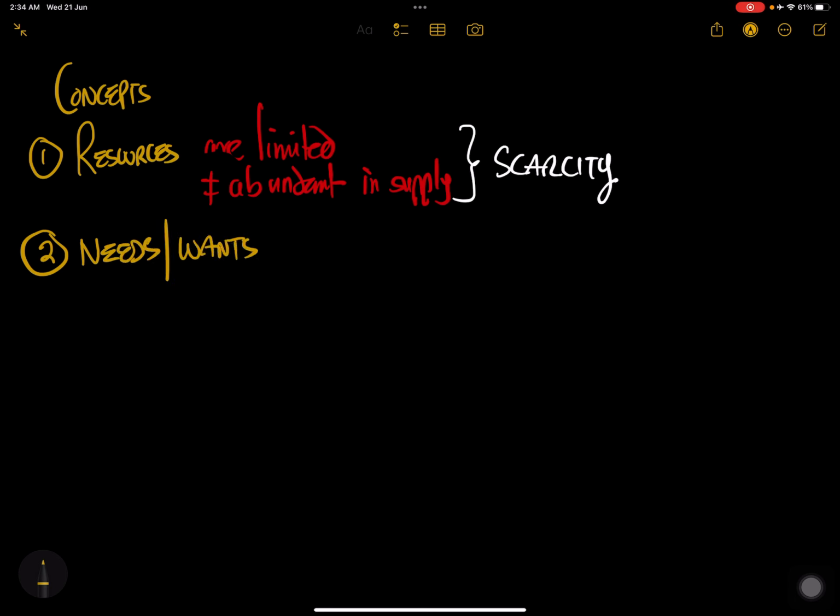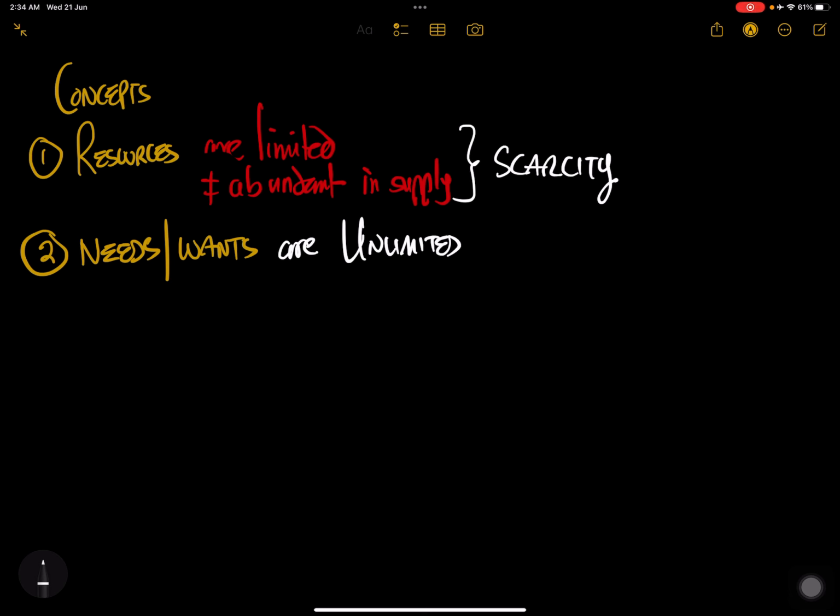And these needs and wants are unlimited. If I ask you to list your needs and wants, I believe that you will not finish. You will keep listing things. You want to have everything. Human beings would want to have everything. You want to have every single thing, and that makes needs and wants unlimited.